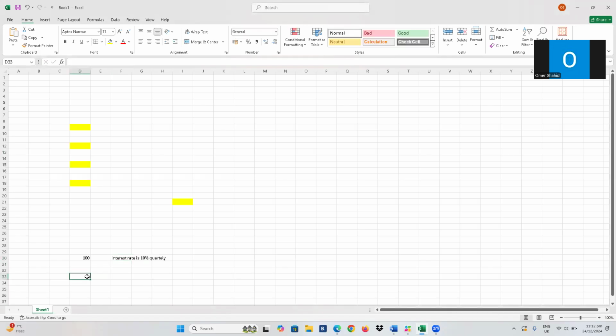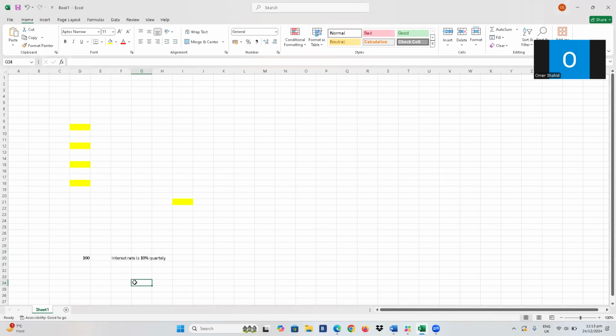Now let's calculate what our amount will become after 1 year. How do we calculate? Our interest rate is 10% quarterly.